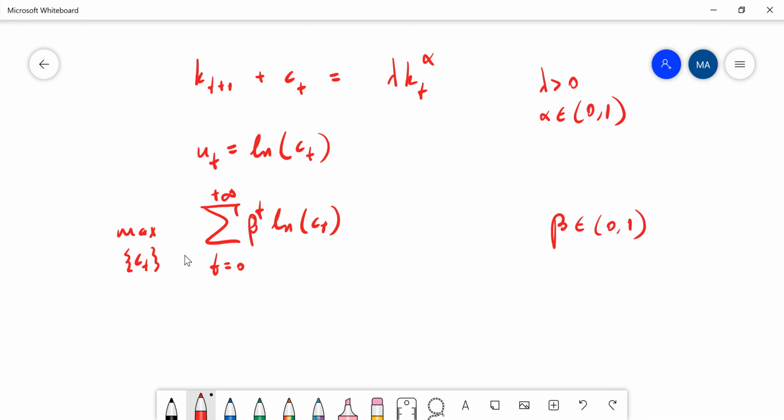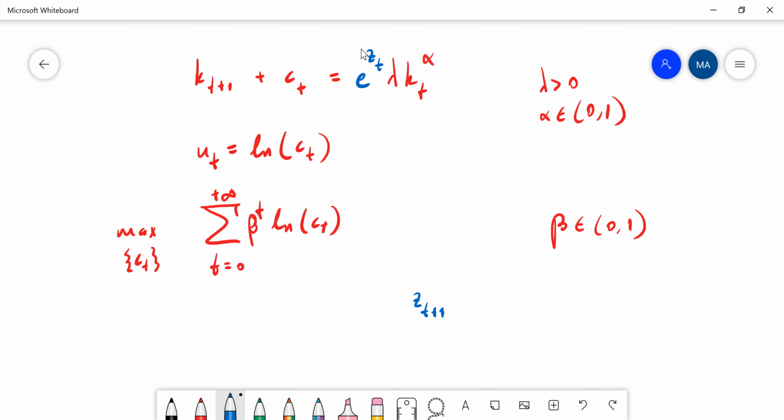Now, this problem, of course, is deterministic, right? Because when I choose K_{t+1} and C_t, I know exactly how much output I will have in the next period, right? Now, suppose that is not true. Suppose that there is a technology shock, all right? And let me use this formulation. Now, Z_t here will follow any probability distribution, really, right?